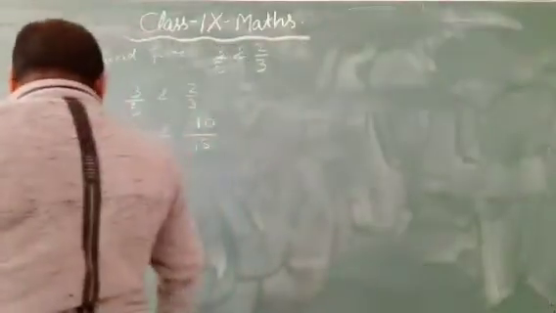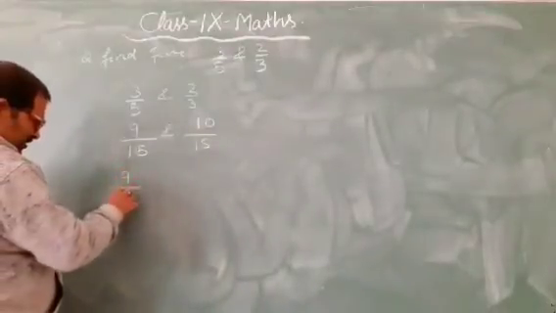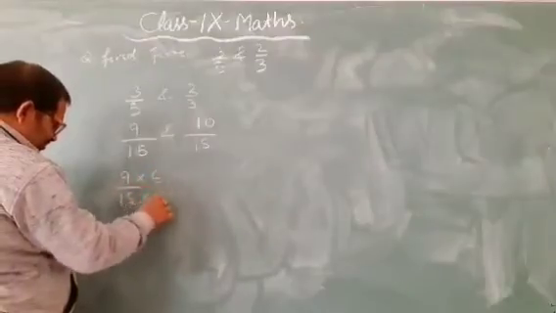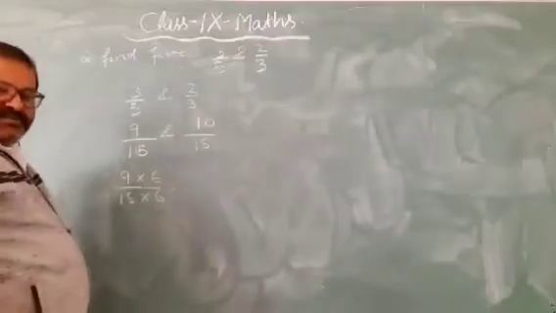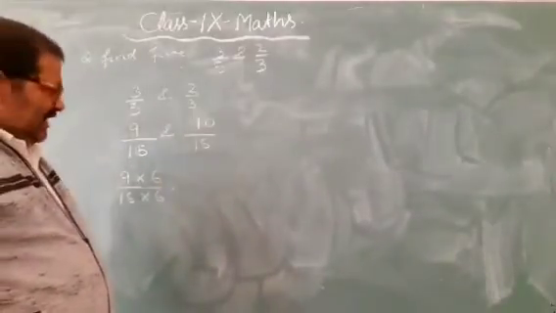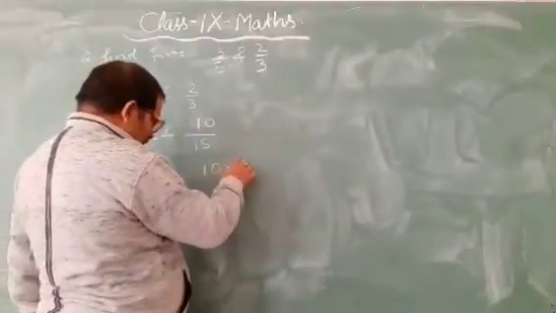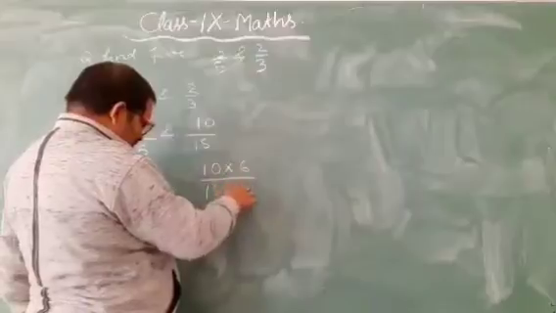So we multiply 6 in the numerator as well as denominator: 9 multiply 6 upon 15 multiply 6, and 10 multiply 6 upon 15 multiply 6.